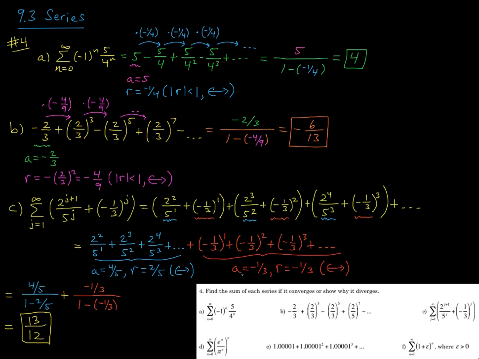And the first term a there is -1/3. So what we're going to do here is just sum each individually and then combine the results. So for the blue series, we get a over 1 minus r, so 4/5 over 1 minus 2/5. And then for the red series, -1/3 over 1 minus -1/3. And that all simplifies to 13/12.